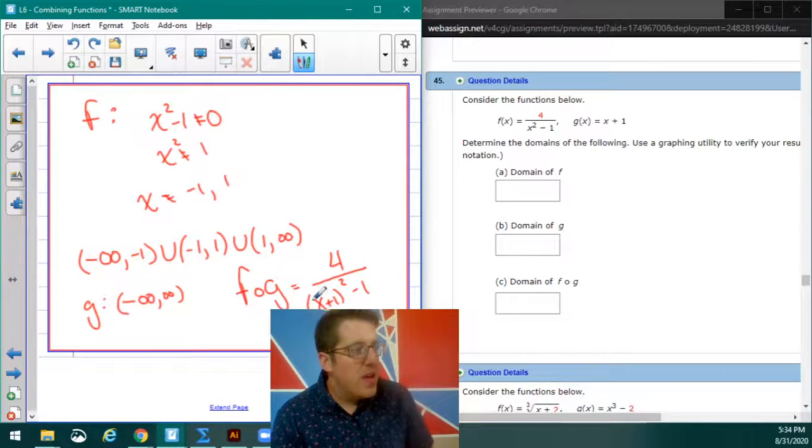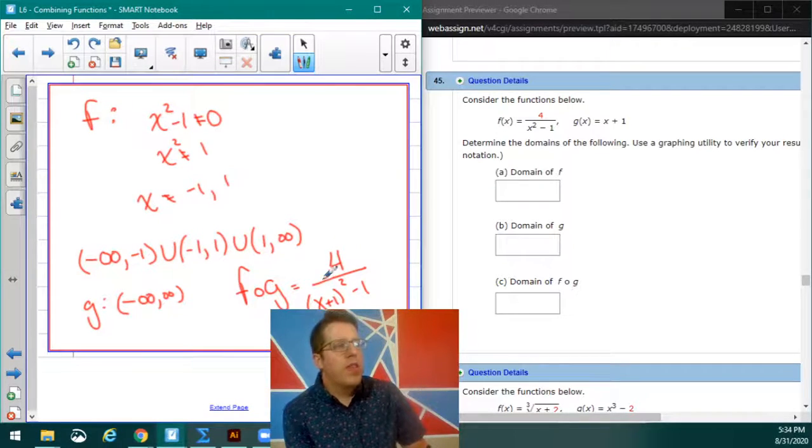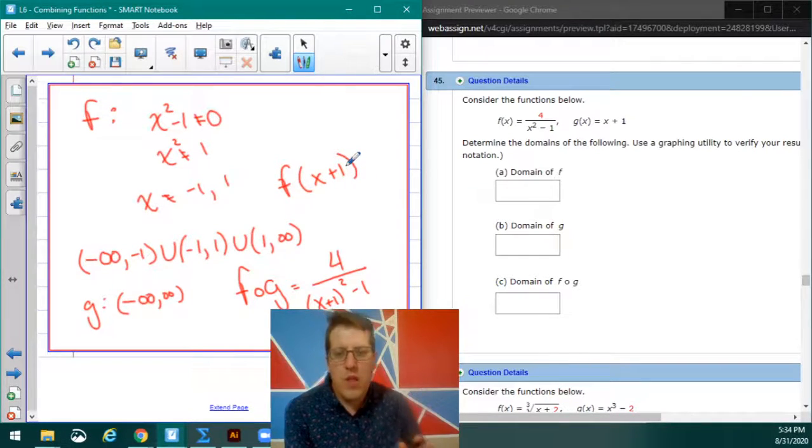Now, it's going to be tempting to look at that and say, oh my goodness, I need to multiply all that out and figure out all that's going on there and simplify and all of that good stuff. But actually you don't. f of g is just f of x plus 1. What did we learn that f of x plus 1 is or does? Pause.